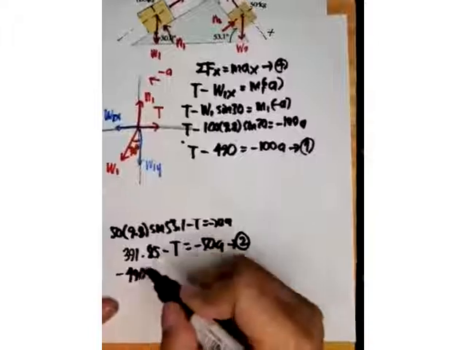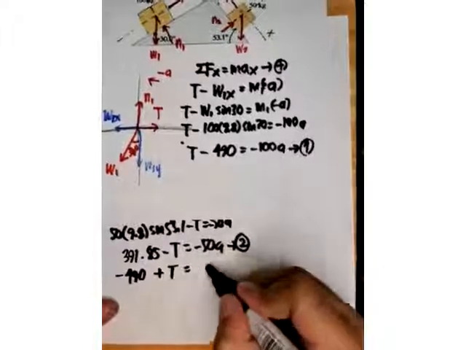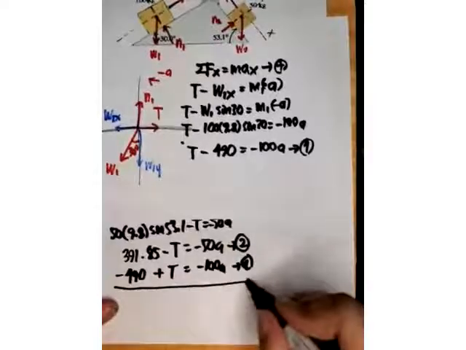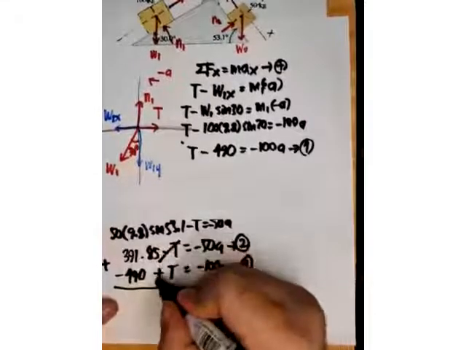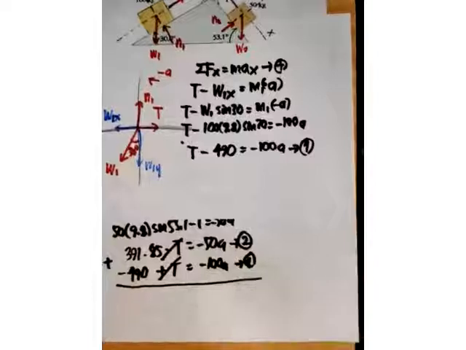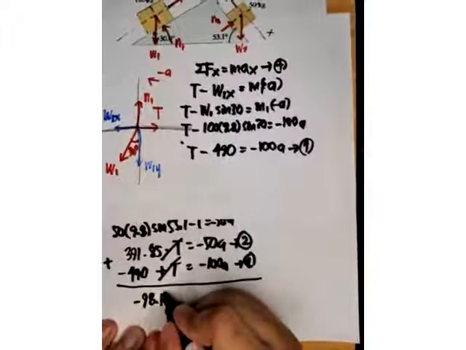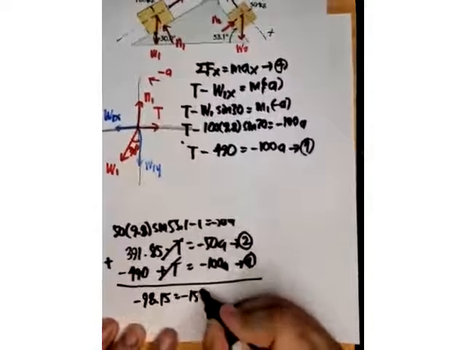So T minus 490 is equal to negative 100A. So this is from first equation. Then we solve simultaneously. So let's just add. So T cancels. Ano to? 391.85 minus 490, negative 98.15, is equal to negative 150A.